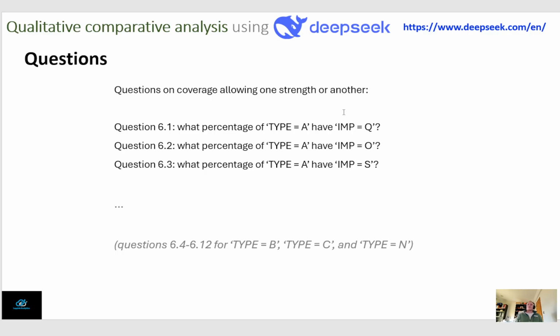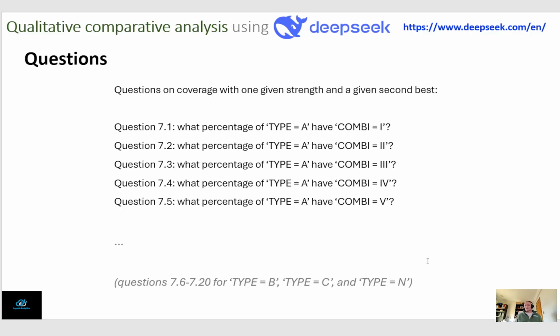Keep in mind the sales reps that have questioning as area of improvement can have either summarizing or opening as a strength. So these percentages are now about specific areas of improvement, in terms of one strength or another. And again, questions 6.4 to 6.12, three sets of questions, not for type A, but for B, C, and N.